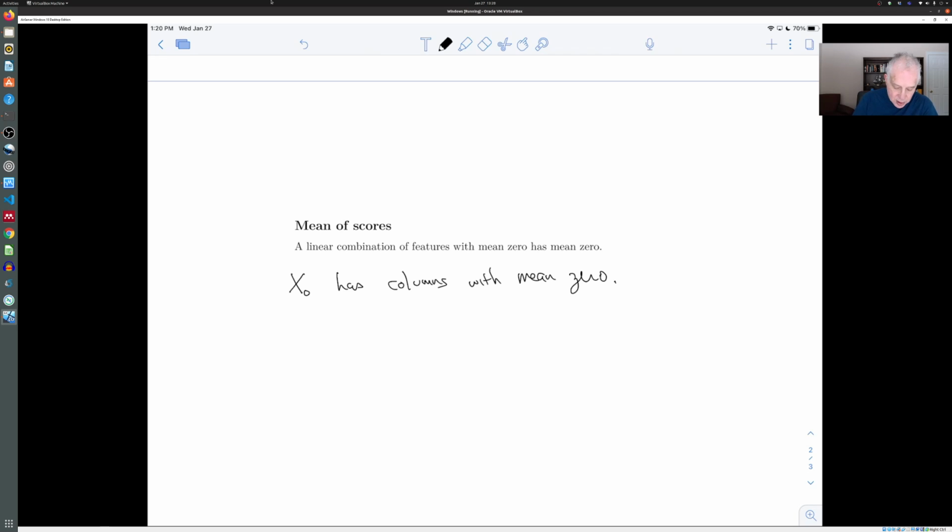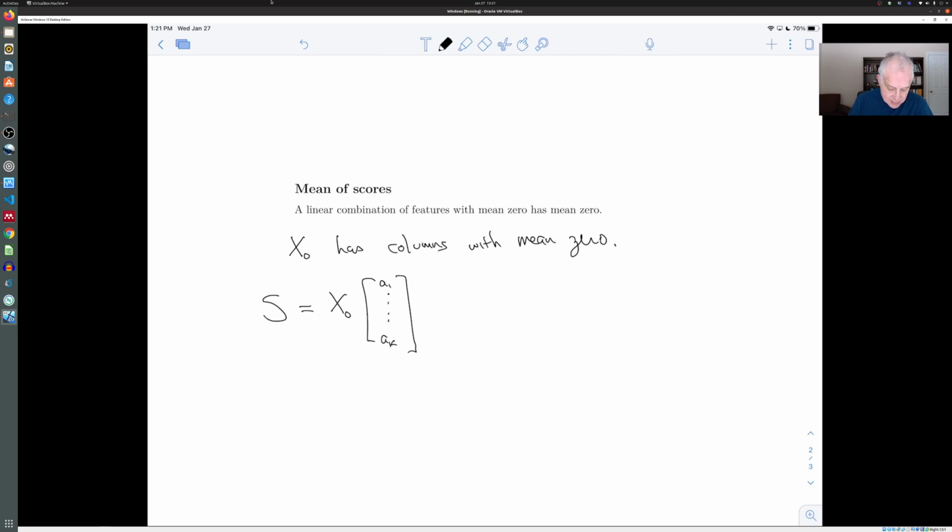And our score, which is an n by 1 vector whose entries are the score for each individual sample, is X0 times A1 down to AK, which are the weights of the features in the score. And the thing to notice here, a little lemma or proposition, is that the mean of S is again 0. In other words, the sum as i goes from 1 to n of Si is still 0.